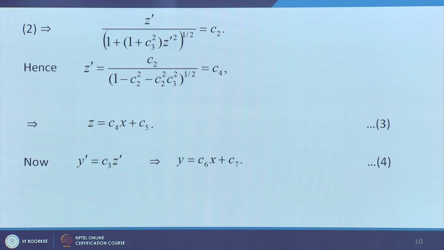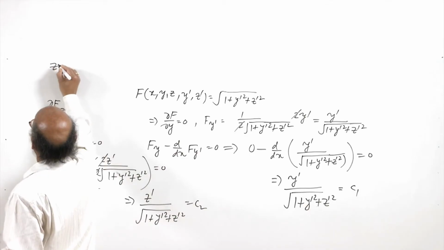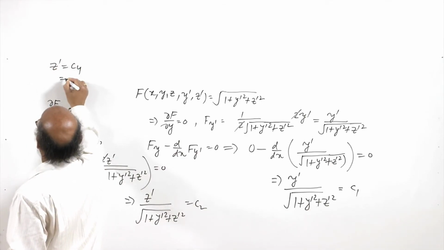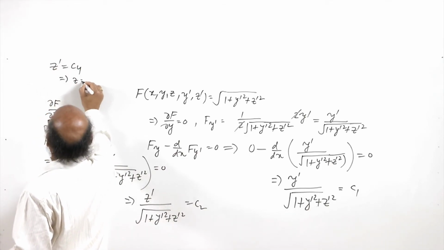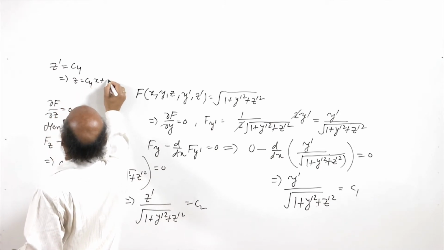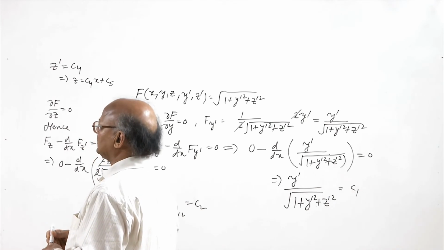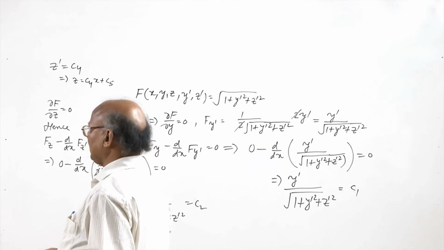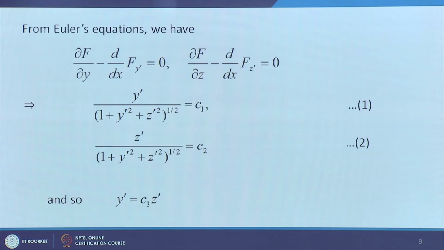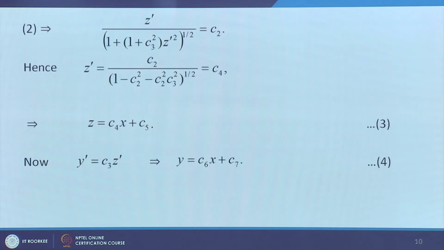So z equal to C4x plus some constant C5. And y dash is equal to C3 z dash, where z dash is some constant C4.